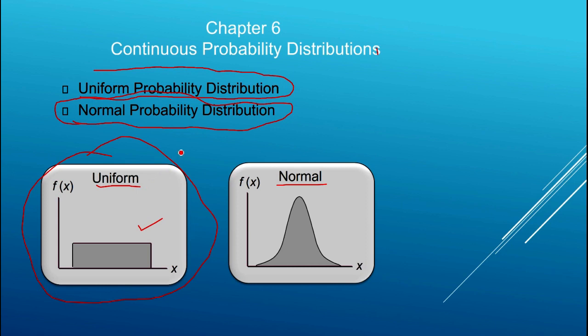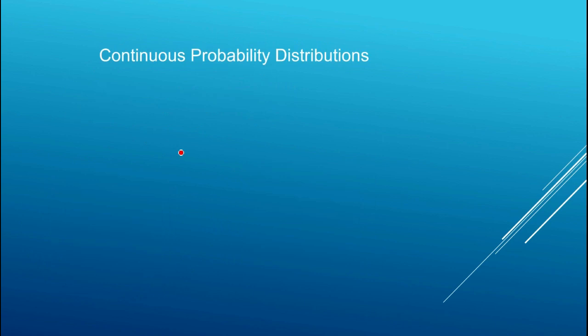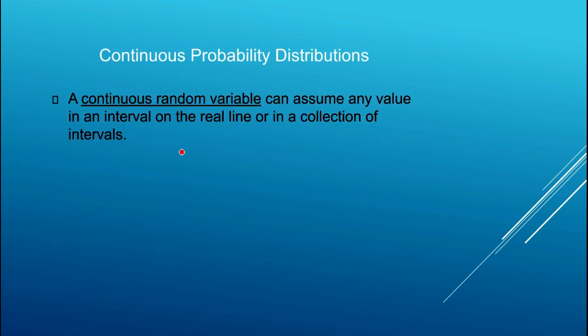this video lecture. So continuous probability distributions, just in general, a continuous random variable is a random variable that can assume any value in an interval on the real line or some collection of intervals. I have given you that definition of a continuous random variable before, and we talked about random variables such as a person's height or weight.